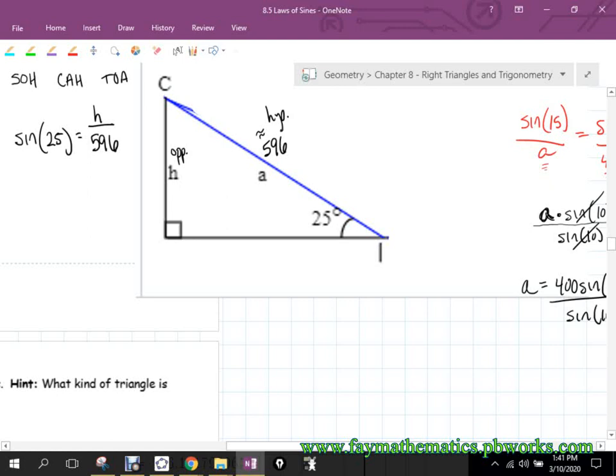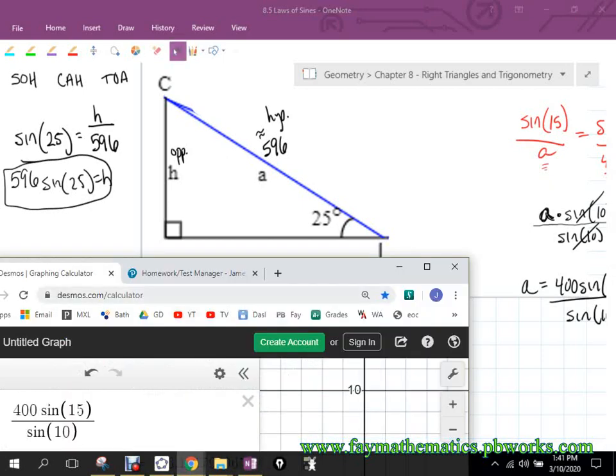So now how do I solve for that H? How do I get that H by itself? 596 sine of 25 is equal to H. Now the way MathXL sets you up, what do they do?